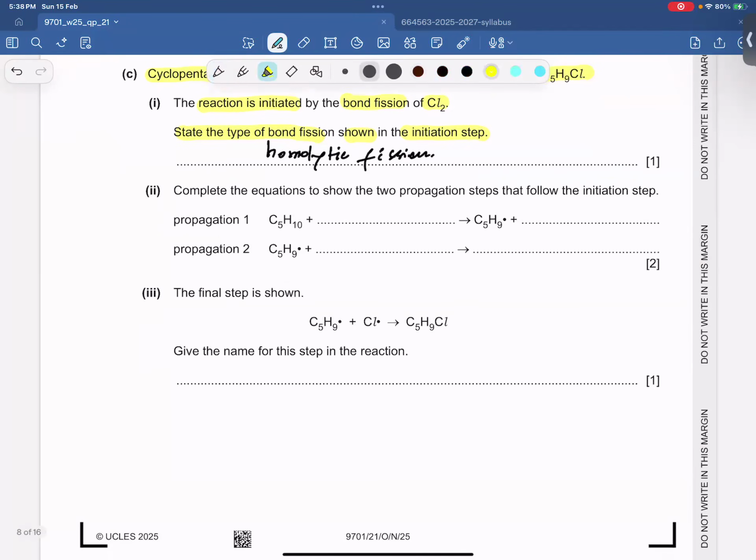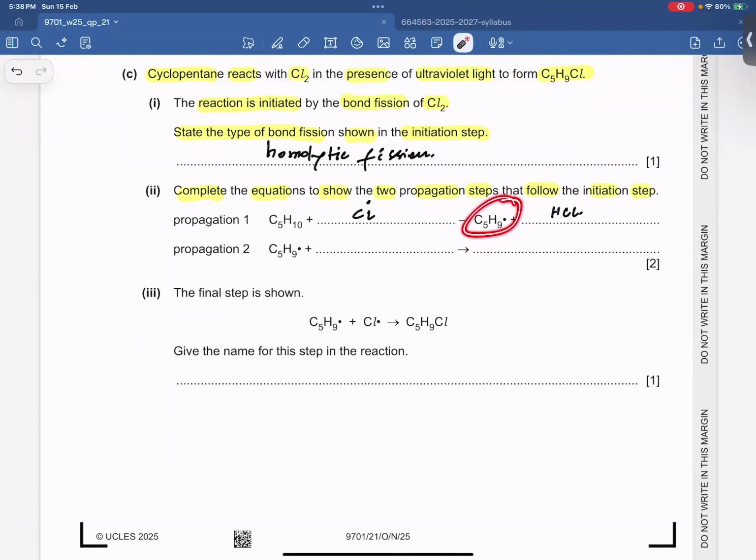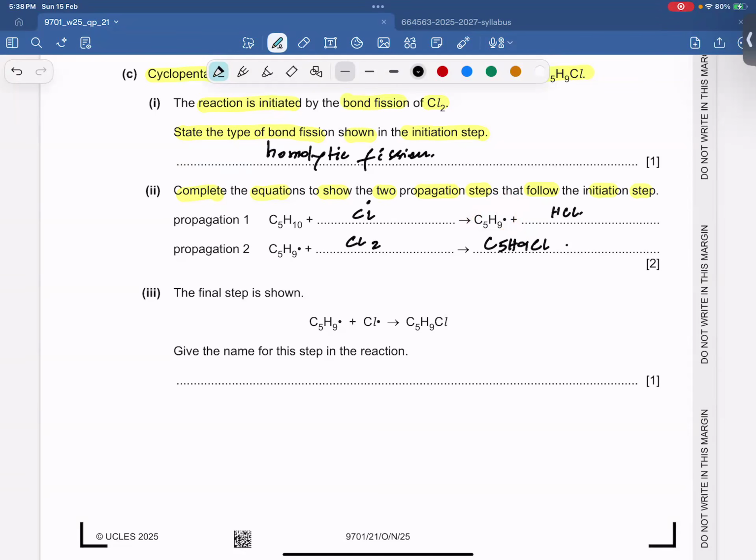Next, part 2. Complete the equations to show the two propagation steps that follow the initiation step. In the first propagation step, the chlorine radical is involved in the reaction. H and chlorine radical combine together to give HCl, and we'll get this sort of radical. Now this radical is going to be treated with a chlorine molecule again, and as a result you will get C5H9Cl plus chlorine radical.